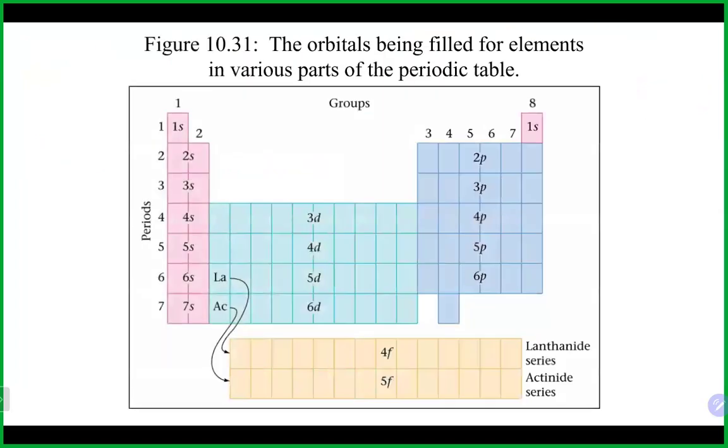And if we look here, this is, as we talked about, the blocks on the periodic table. The first 2 columns are the S block. 3 through 8 is the p block, which has 6 electrons.